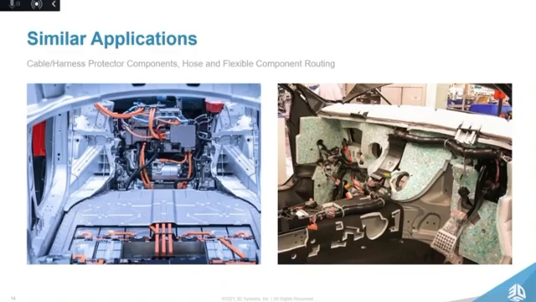As we move towards new powertrains, hybrids, electric vehicles, then we're seeing that the requirement for retainers of harnesses, hoses, and other flexible components is continuing to grow. And we think that additive manufacturing solutions, and particularly with the advent of some of the new materials that 3D Systems is developing for Figure 4 and other volume production additive manufacturing, is really suited very well to these kind of applications.